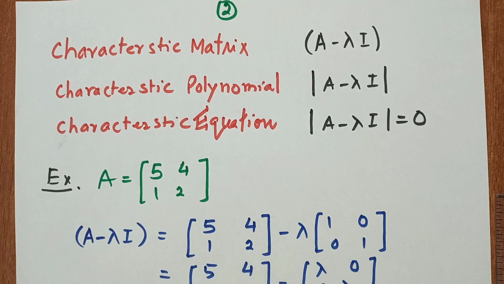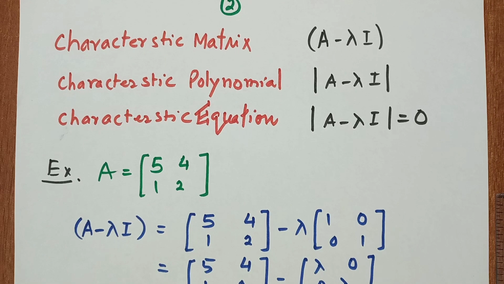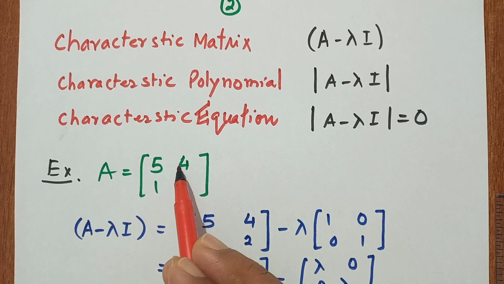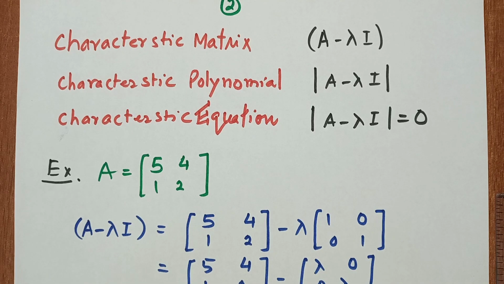So let us suppose this is a square matrix of order 2, A is equal to 5 4 1 2. How many values of lambda and x are there? I want to calculate them.